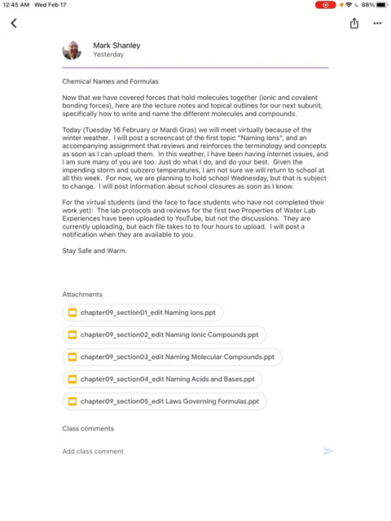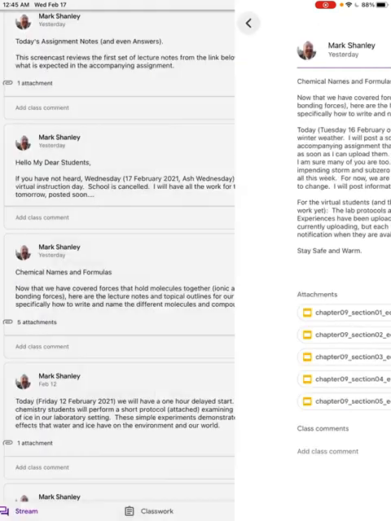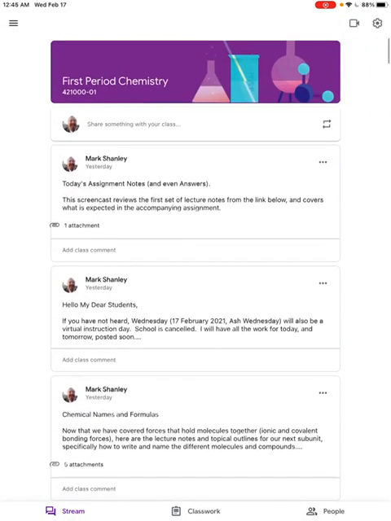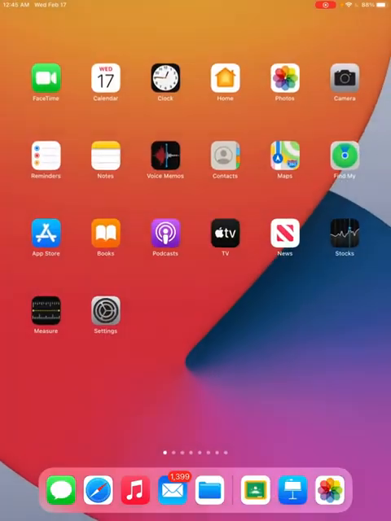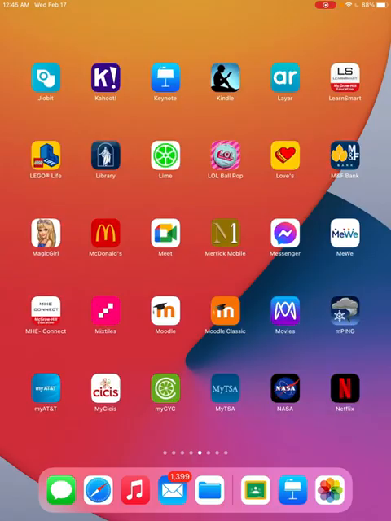We talked about naming ions already, and we are going to go to naming ionic compounds. So what you want to do is open that up. I've already opened it up and saved it to a file, and now rather than open it in Google Docs, I'm going to go back to our class stream and go to my program, Keynote.